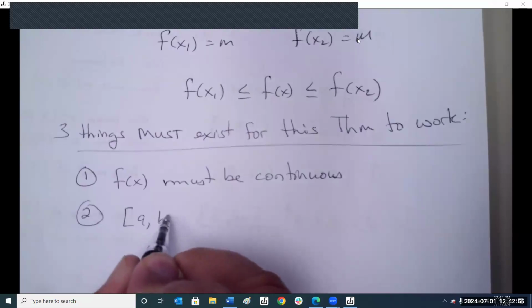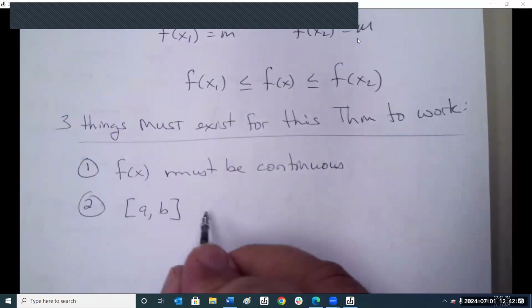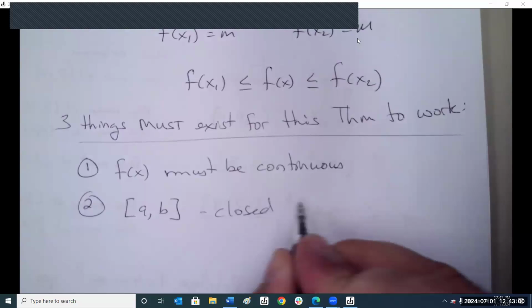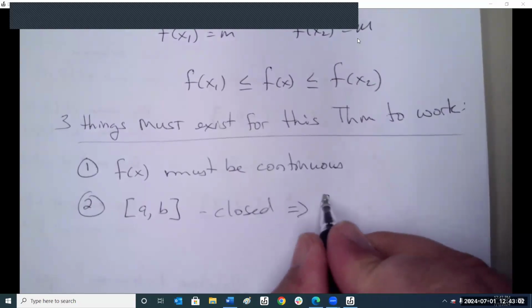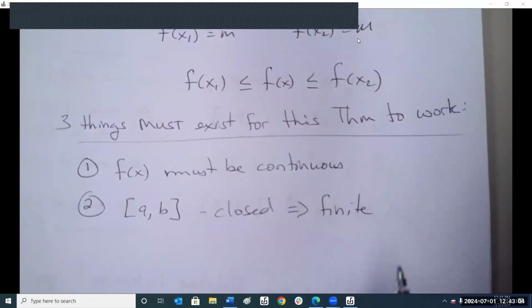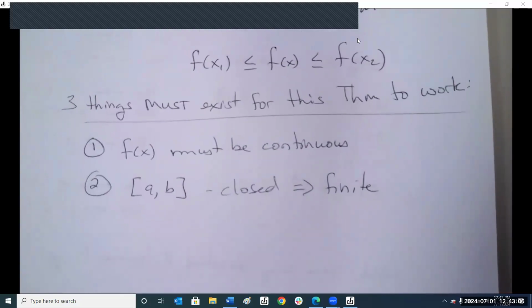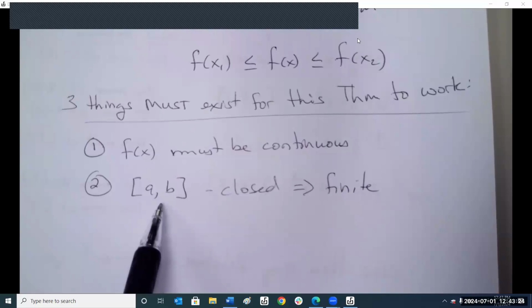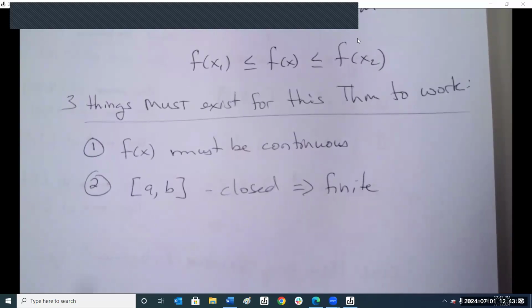The interval is closed. Since it's a closed interval, it has to be finite. Can you have an infinite closed interval? Can I go from negative infinity to positive infinity, closed interval? No, exactly. Any number you give me, I can take another one behind it. So in order to be a closed interval, it has to be finite.